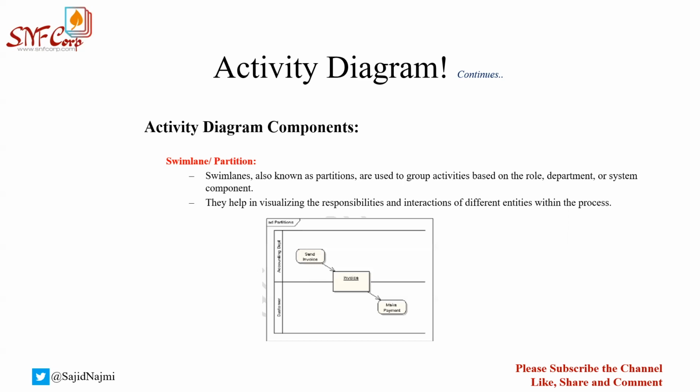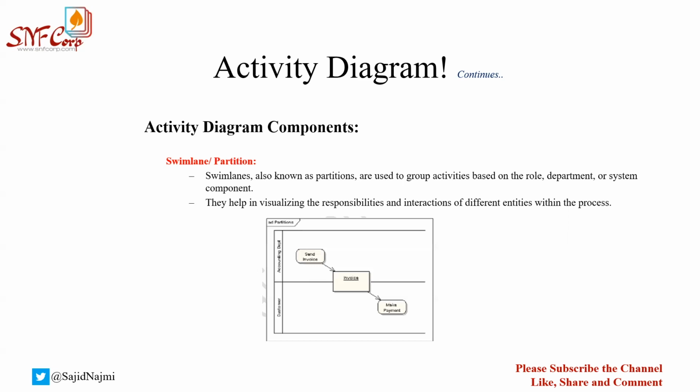So what is happening? The account department is sending an invoice, and what the account department is sending, you can also represent here using an object. What is the object? Invoice. We have just seen this example. So the account department is sending an invoice, which we have already represented as an object, and then the customer is making a payment.